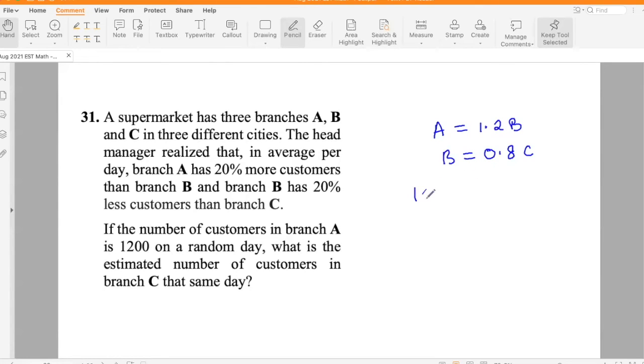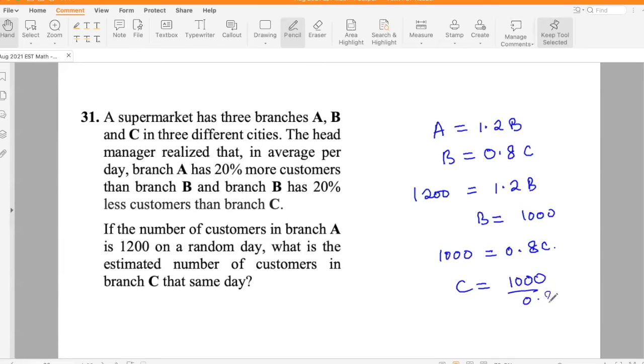Okay, so A is 1200. So that's 1.2 B. So B would be 1000. So 1000 is 0.8 C. So C is 1000 by 0.8. So let's plug that in. 1000 divided by 0.8. So that's 1250.